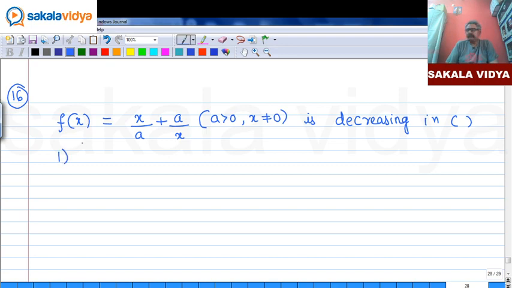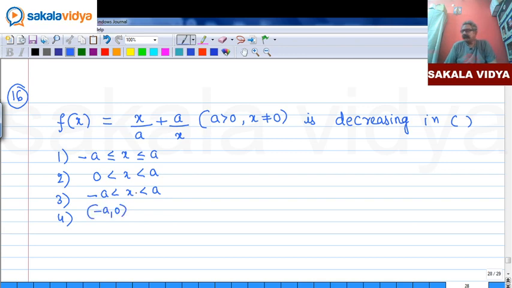First option: minus a less than or equal to x, x less than or equal to a. Second option: 0 less than x, x less than a. Third option: minus a less than x, x less than a. Fourth option is minus a comma 0 union 0 comma a. This is the question.